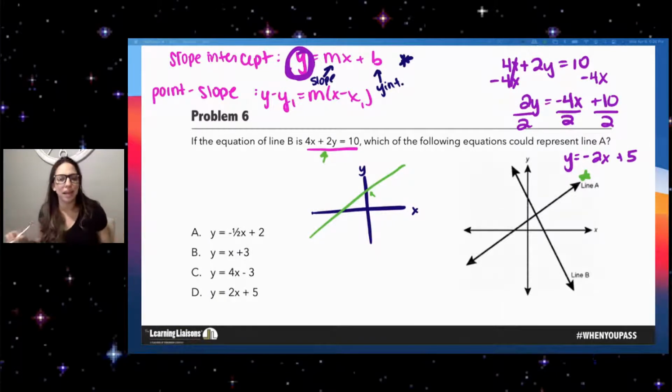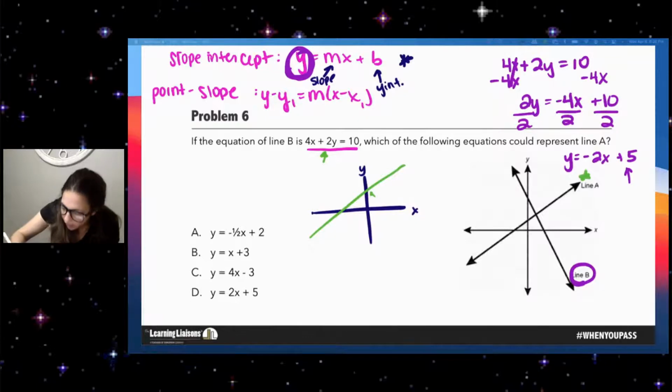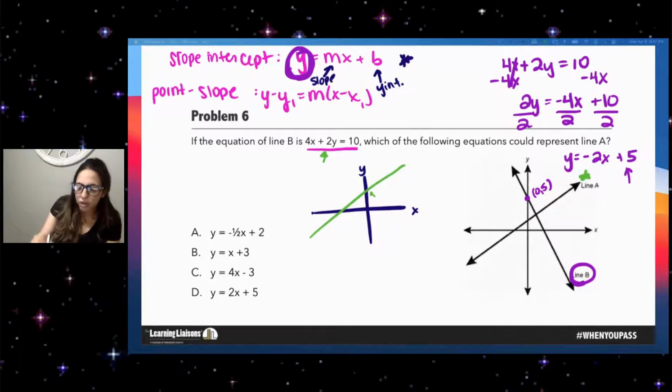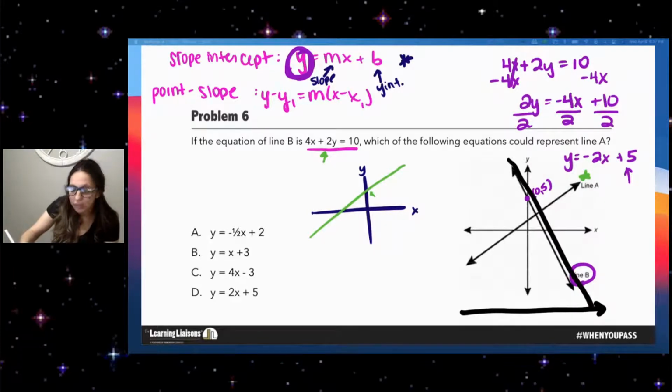What does that tell me? That tells me that the y-intercept of line B is 5. This point right here is 5. And my slope is negative 2. It makes sense that my slope is negative because when I read a graph from left to right, this is going down.